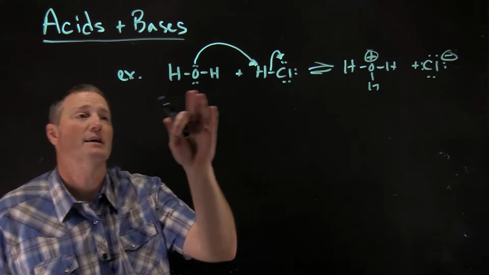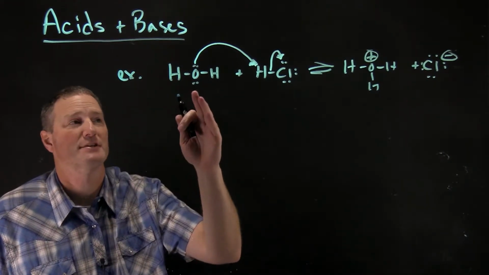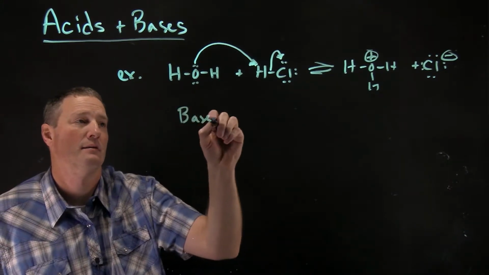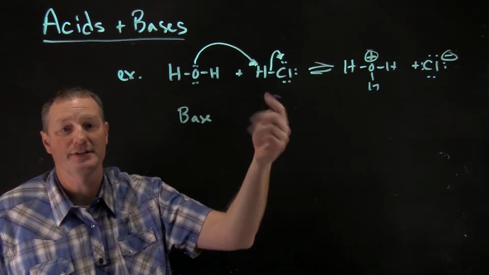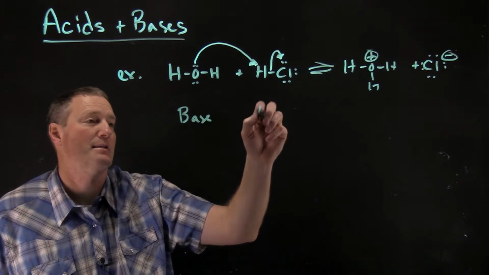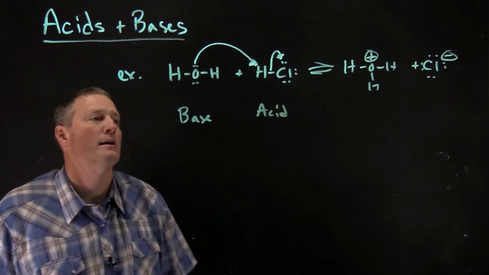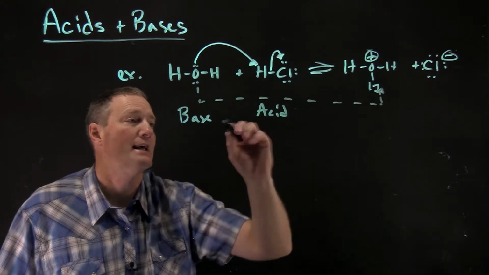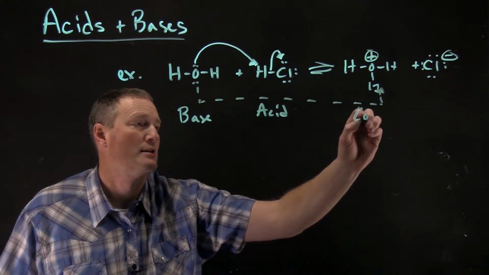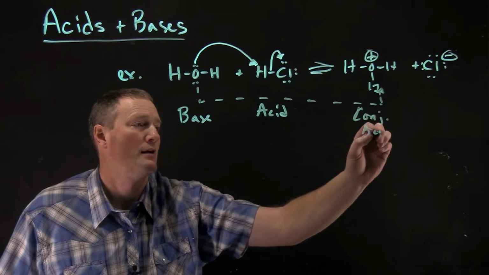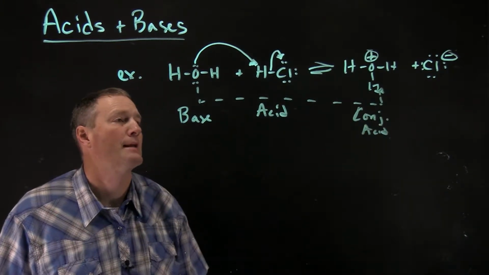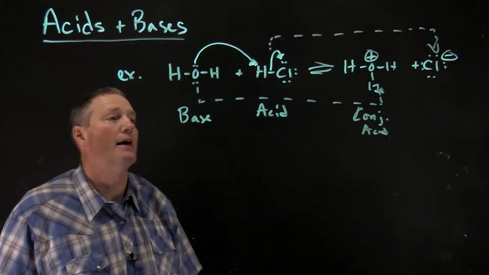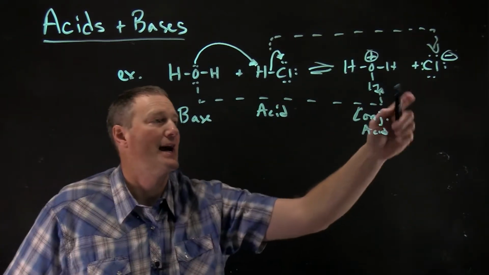Because water in this case is the species that's now accepting a proton, this is the base, and HCl is the species that's giving up a proton, that's going to be the acid. We can now identify the fact that hydronium is the conjugate acid of water, whereas HCl and Cl minus are related as the acid and the conjugate base.